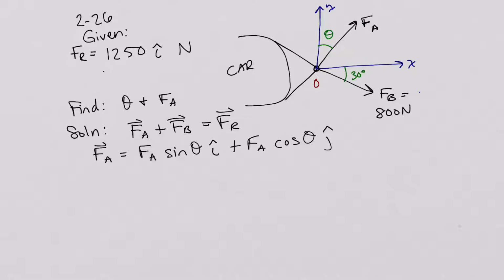So for both of those we have two unknowns basically in that calculation. For FB, we know more about that one.